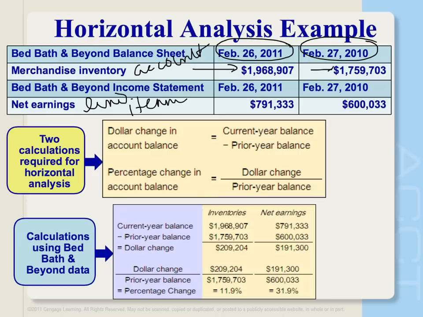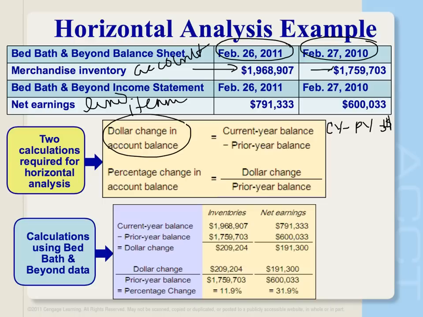So the way that we do the calculation is we take a look at the dollar change in the account balance, and that is current year minus previous year. That's the dollar amount of the account change.